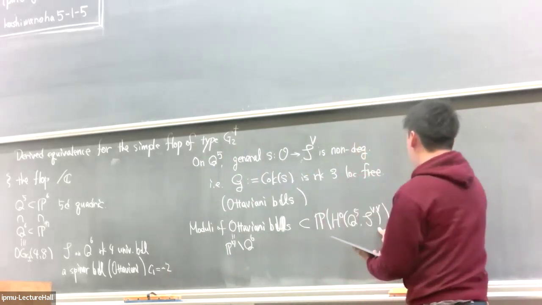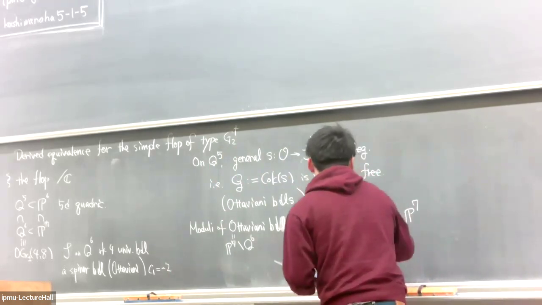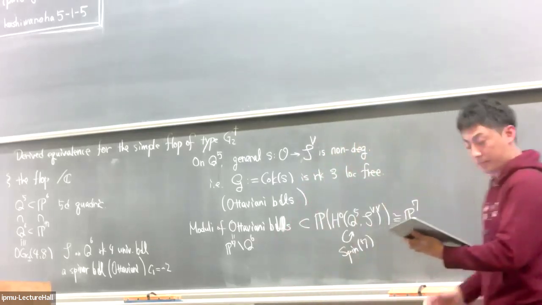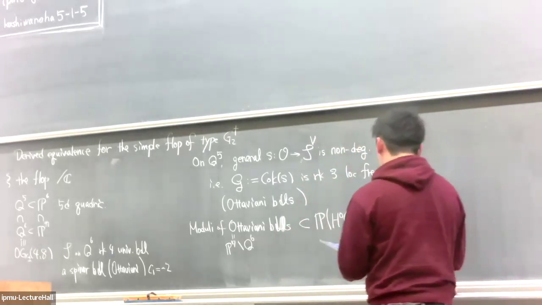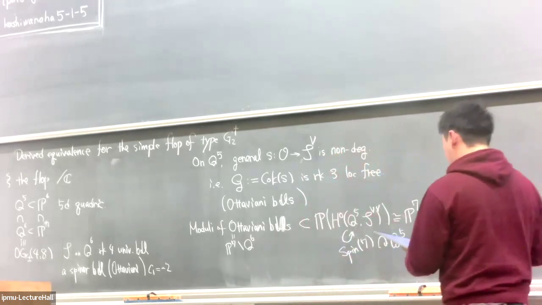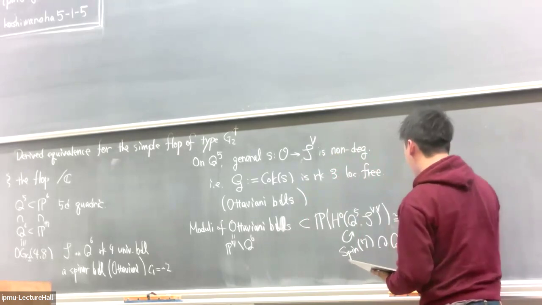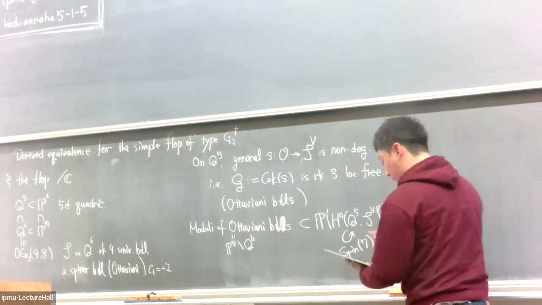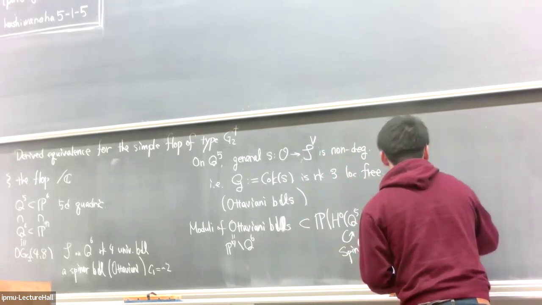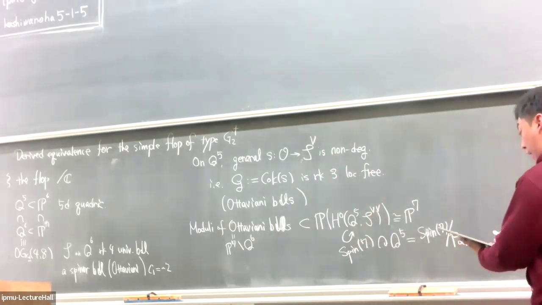This is an 8-dimensional representation of the spin group of degree 7, and this also acts on the 5-fold. By this action, the 5-fold is a homogeneous space of this algebraic group, and it's isomorphic to Spin7 over the parabolic corresponding to the root alpha 1.